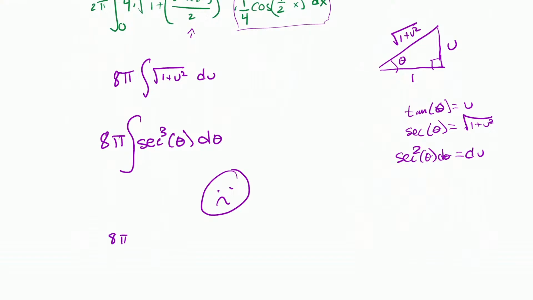So this is 8 pi times the tangent times the secant, over 2. I guess I have to put this whole thing over 2. You remember we did this, it was the one that I accidentally put on your test, secant tangent.